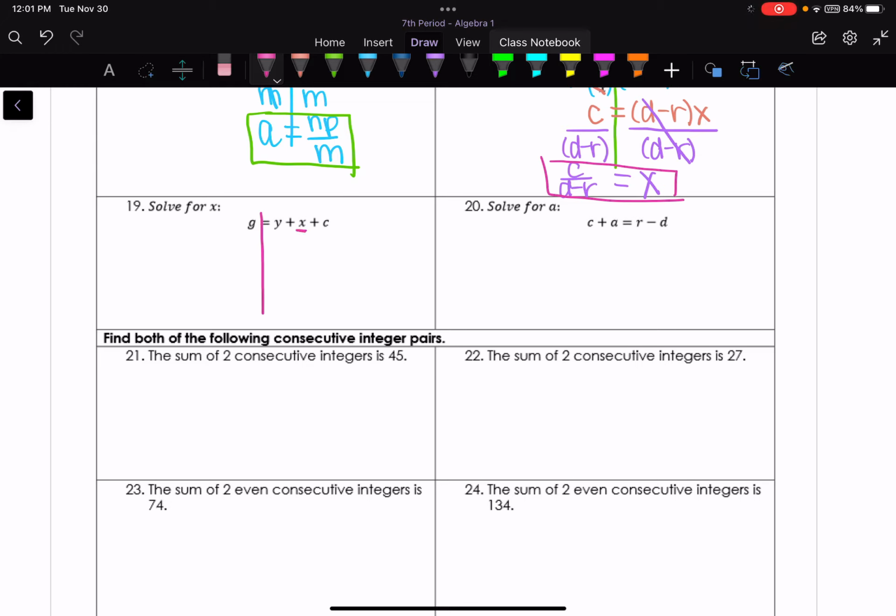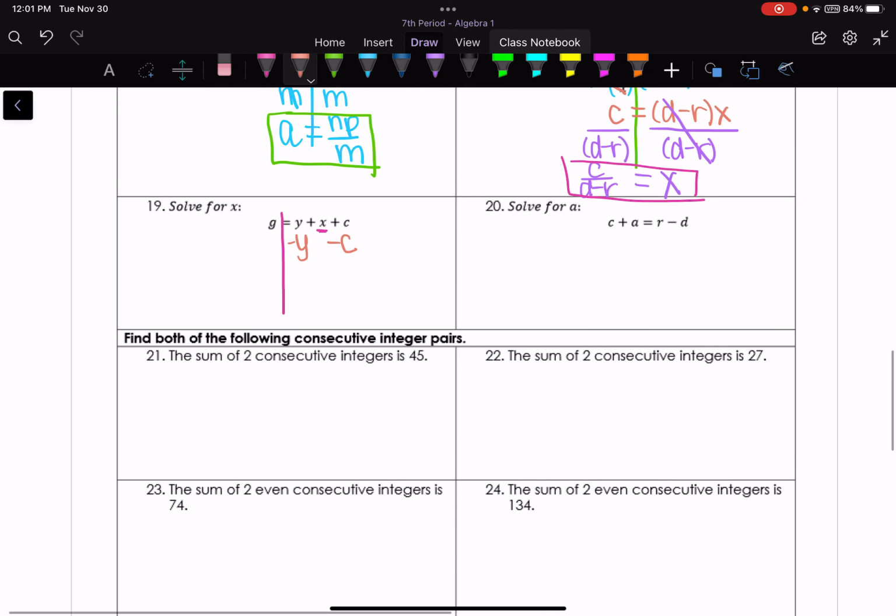So here I have x, and we've got to figure out what y and c are doing to that x. Well, we need to move the y over, and it is being added to x. So we are going to subtract y as well as subtracting c. You can subtract both of them at the same time.